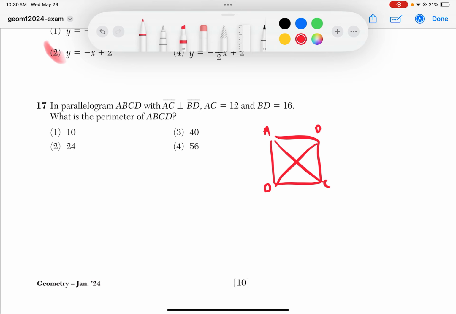AC is perpendicular to BD. So this parallelogram has perpendicular bisectors for diagonals. That only happens in squares or rhombuses.